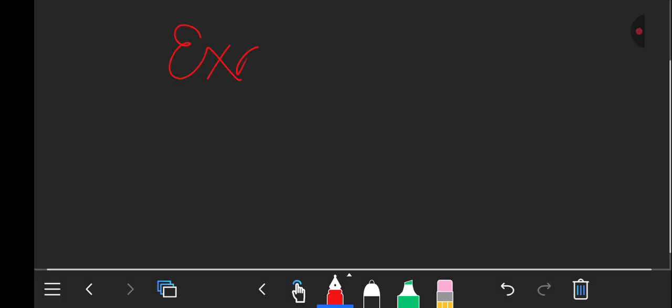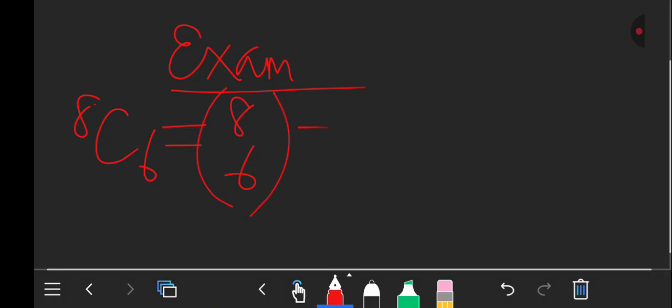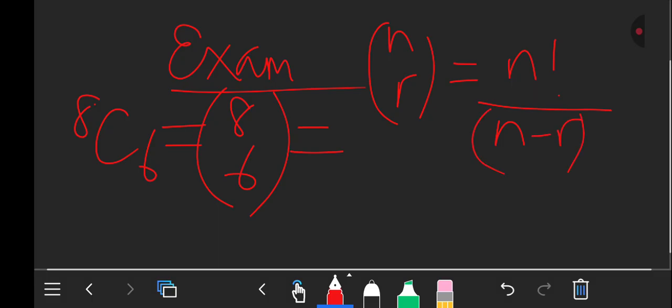For example, evaluate 8 combination 6. How can you evaluate this? 8 combination 6 can also be written as 8 then 6 in this format. Remember, we've talked about this formula: when you have n combination r, this is equal to n factorial over n minus r factorial multiplied by r factorial.